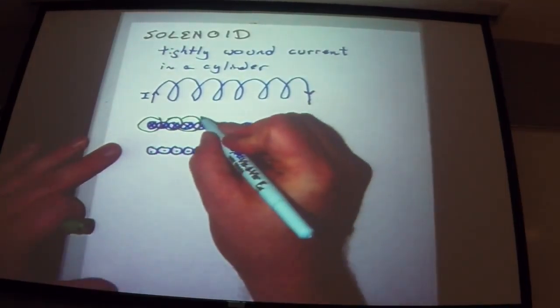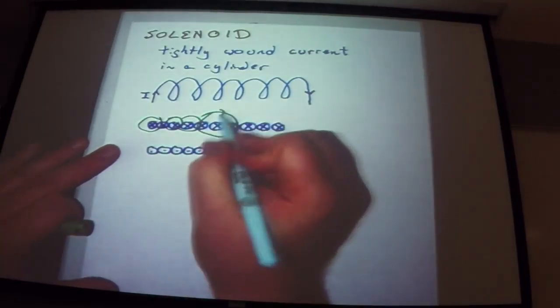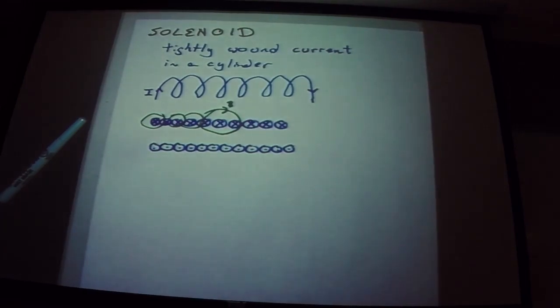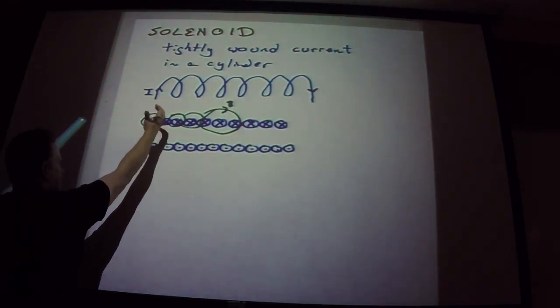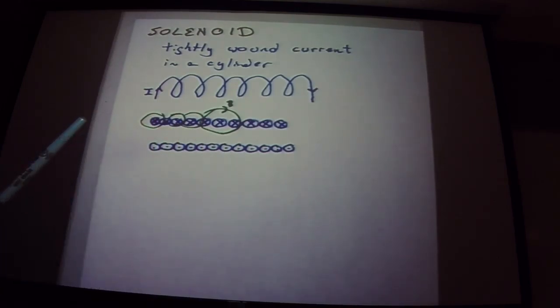So here's my magnetic field. It goes clockwise around this thing. For the ones on the bottom, I'm going to have counterclockwise magnetic fields, pointing counterclockwise around the ones on the bottom. Let me draw those with the yellow.